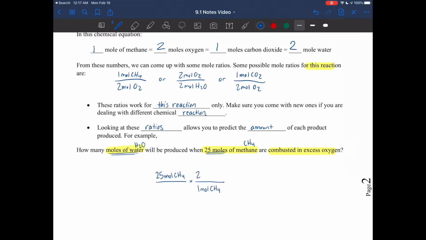So let's plug that into our equation and make sure we cancel out moles of CH4. It's very important that we write our chemicals and units for everything here so we can keep track of what's going on. All that's left is to calculate this, and 25 times 2 should equal 50 moles of H2O.